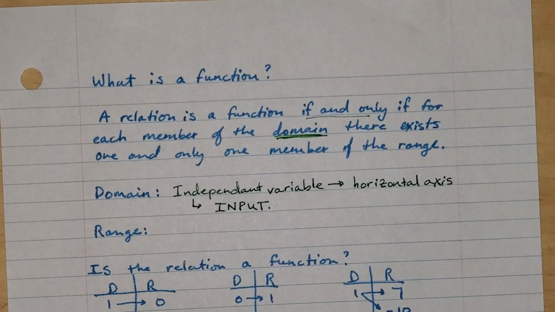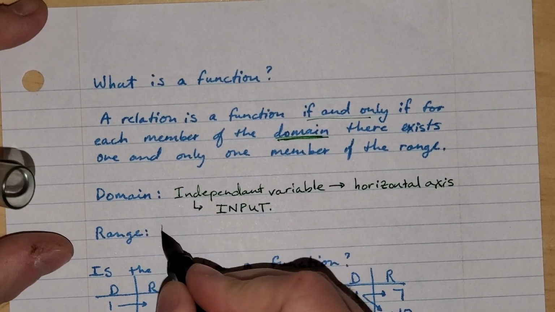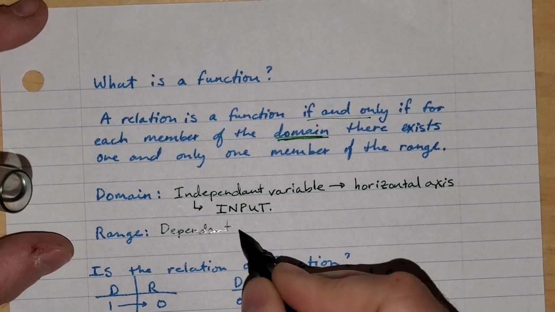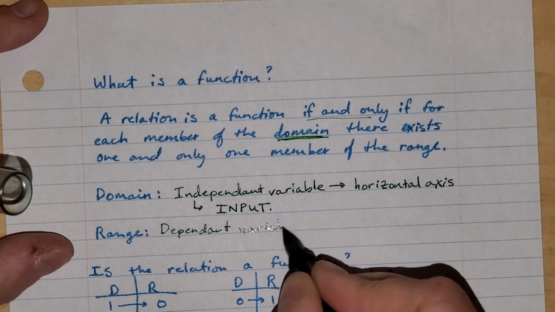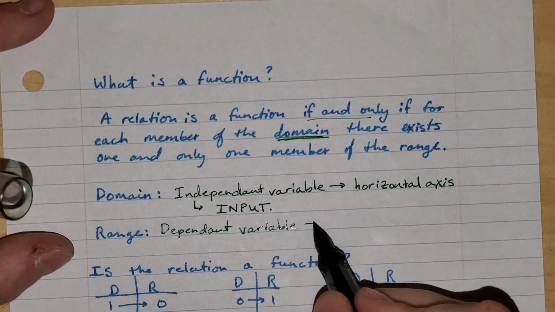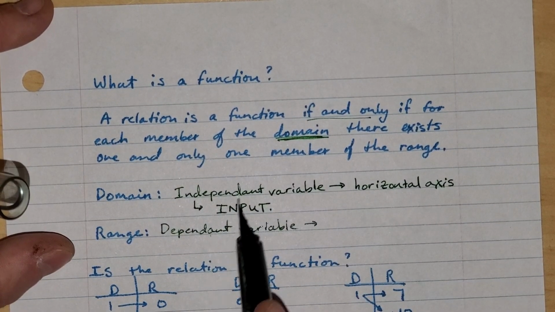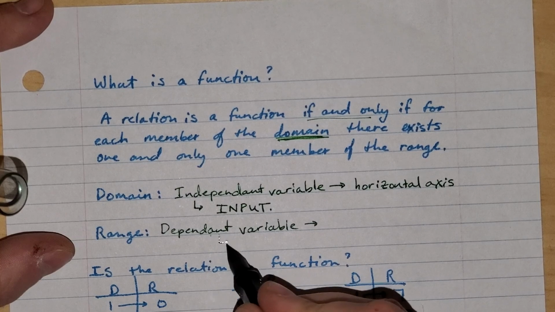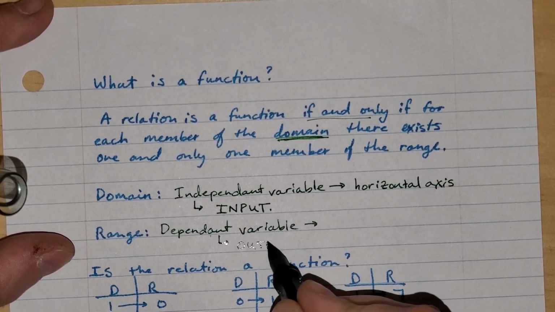And your range, let's talk about the range. The range is the dependent variable. And what that means is that it depends on the x value. So if I plug in an x value of 1, whatever I get out of that would be my output.